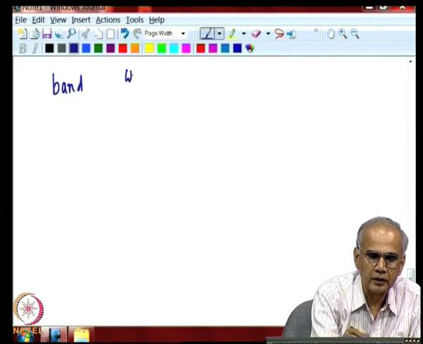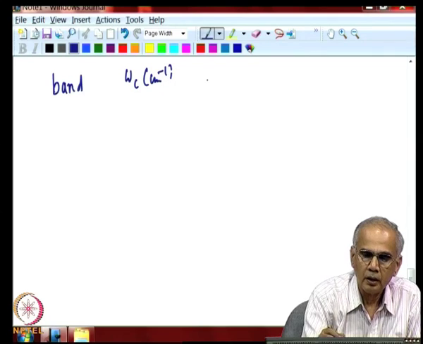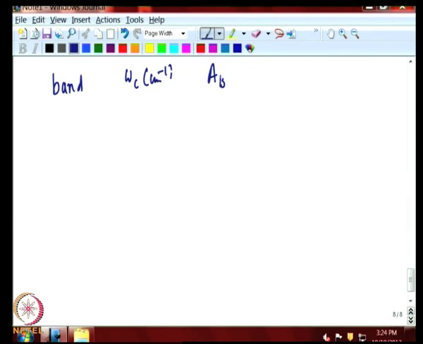So, this is the center of the band, it is centimeter minus 1. This is the band absorptance of the band, and the contribution EB omega by sigma T to the power of 4 into AB, and then you have EB omega by sigma Ts to the power of 4 AB.